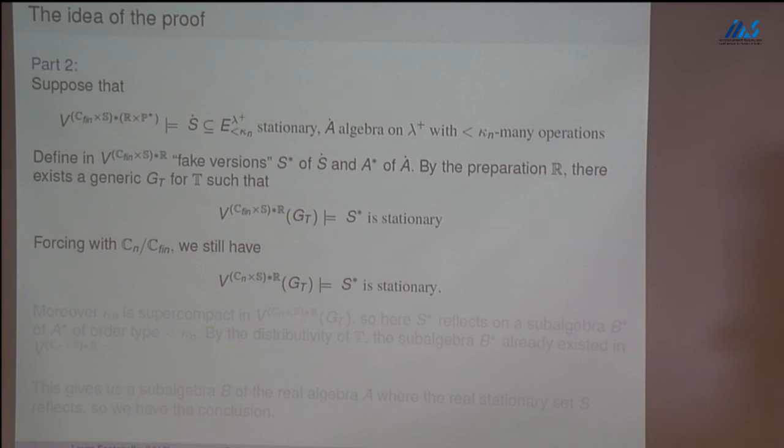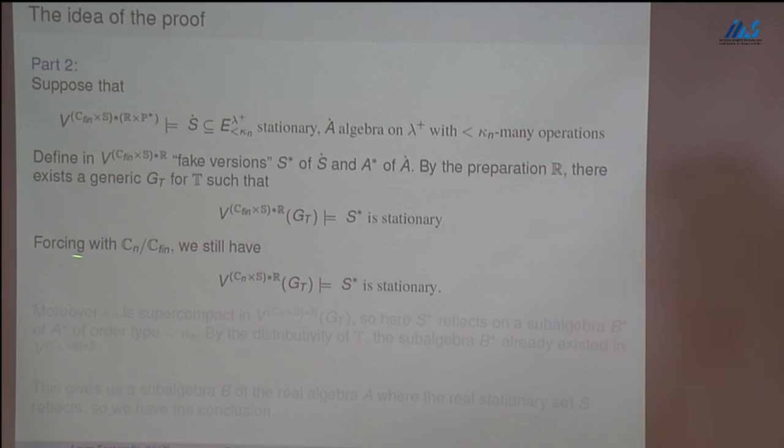Now we can assume that we fix some n large enough such that every ordinal has cofinality less than kappa n. All the relevant objects are below kappa n, and this is still the case for the fake versions. We want to use the supercompactness of kappa n, but kappa n is not supercompact in this model. It is supercompact in the expansion of this model when we force with Cn followed by the rest.